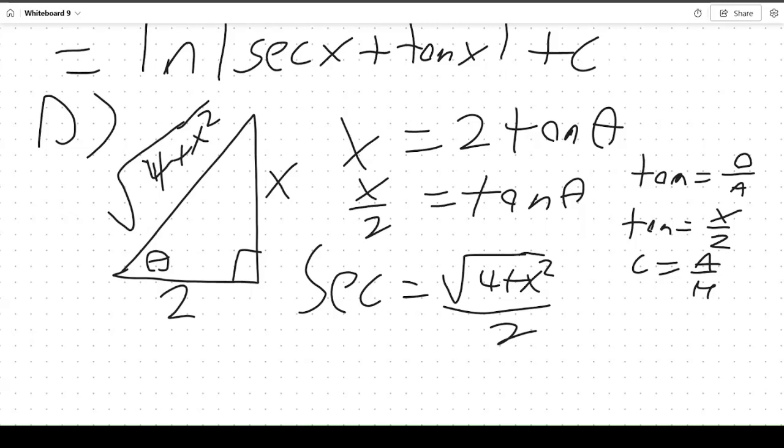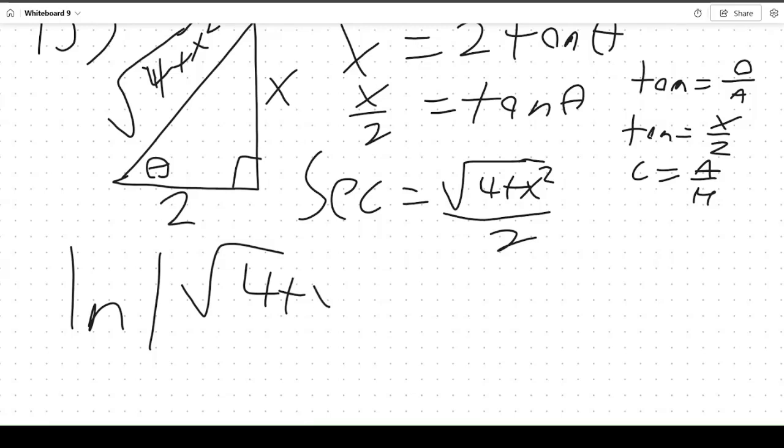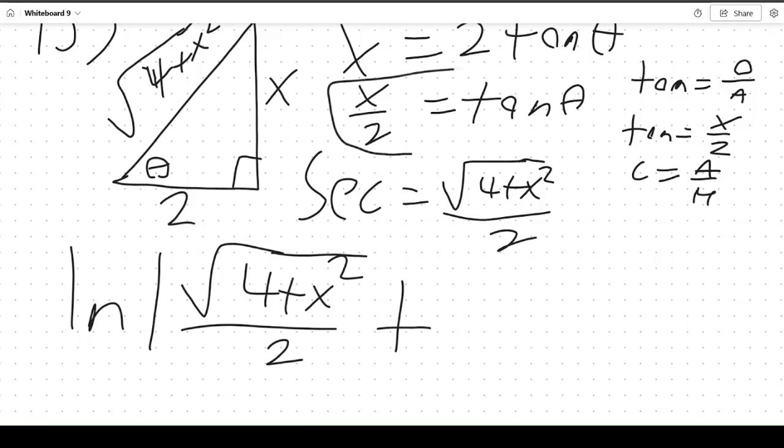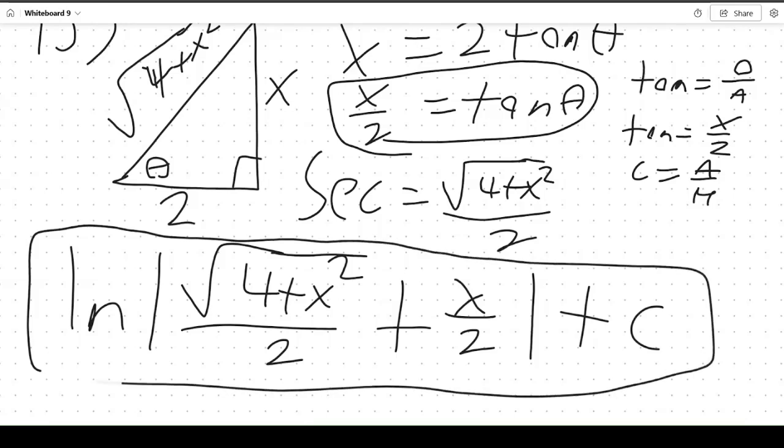And now we can plug it in for our final answer. Square root of 4 plus x squared over 2 plus tangent, which is what we got over here, x over 2 plus c. This leaves us with our final answer.